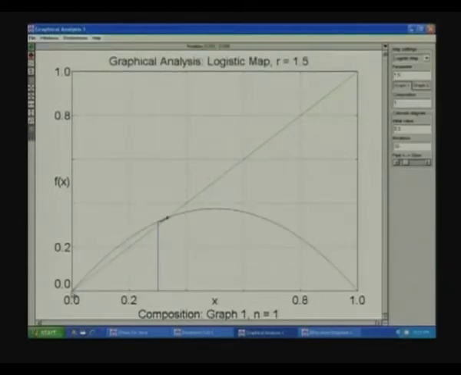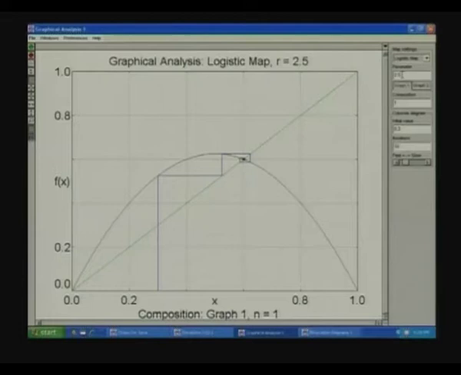See, now this is a fixed point, this is another fixed point. Here the slope is greater than 1 and here the slope is less than 1, and so starting from an initial condition it converges onto that. Fine. Okay, now let us make it 2.5. The slope has increased, but it goes like this and finally converges. But here at this point the slope is negative, so it converges from both the sides.